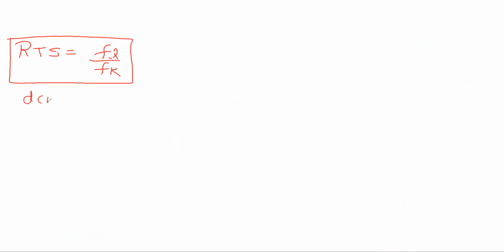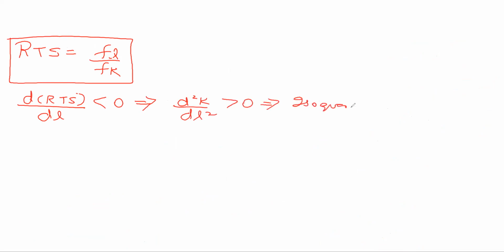We show that dRTS by dL is negative, which automatically implies that d square K by dL square is positive, which implies that isoquants are convex to the origin.